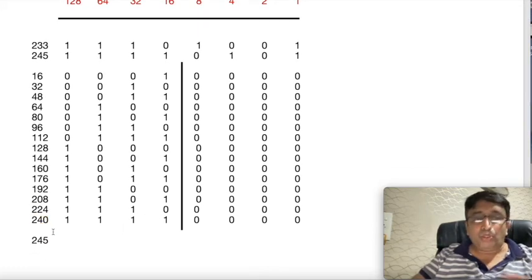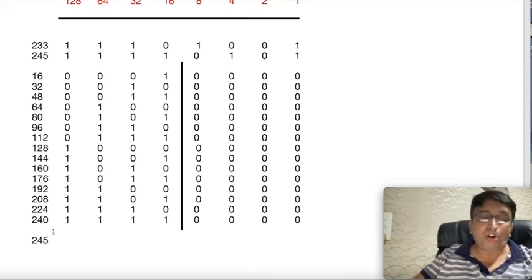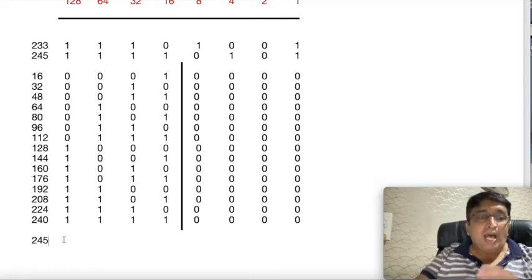But according to this, how is it going to help us find the binary of numbers like 245? So 245, we already know it. This is the binary of 245. Let's find it once again, but by using this new method. As I told you, this chart is already mugged up.